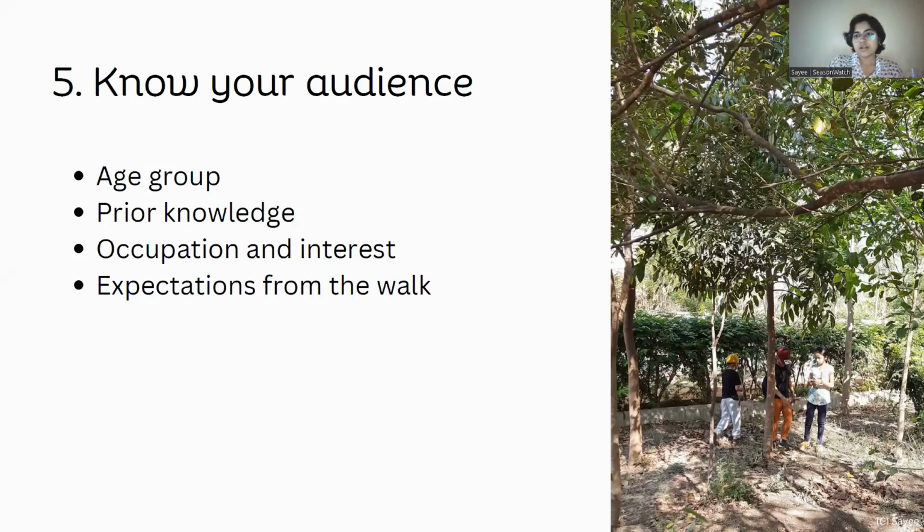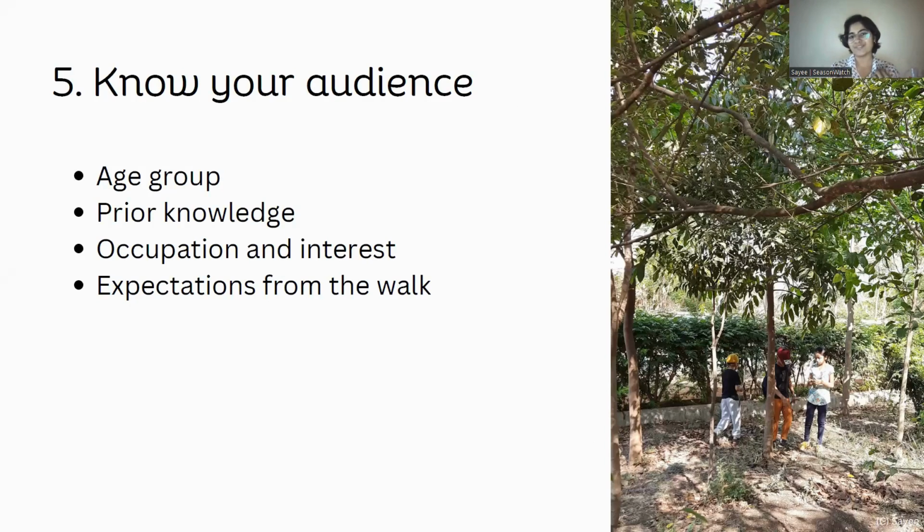And this was a tree walk where children came, and thankfully there were two resource people. One of them led the adults and one of them led the children, and we did some really fun activities with the trees nearby. So that also can be done. If you have a lot of children coming for your event, then you can have another person who can do some activities with the children separately, because children won't like to just stand in one place and listen to your information.